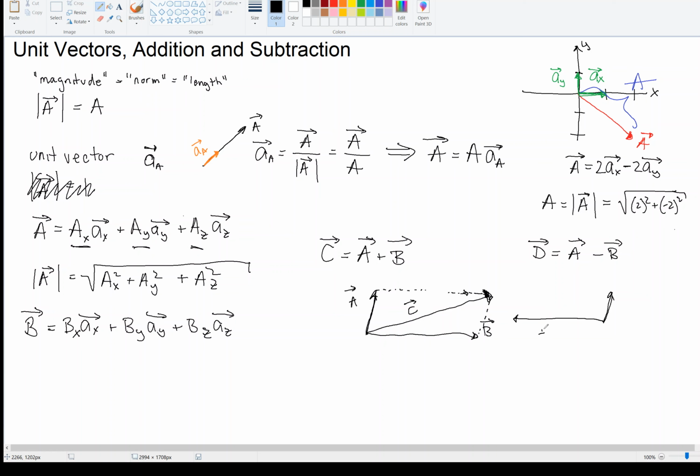So here's negative B. Okay, so now you're adding A with negative B. So we just talked about how to add A with B. Right? That's the parallelogram or the tip to tail method. So this would be d.